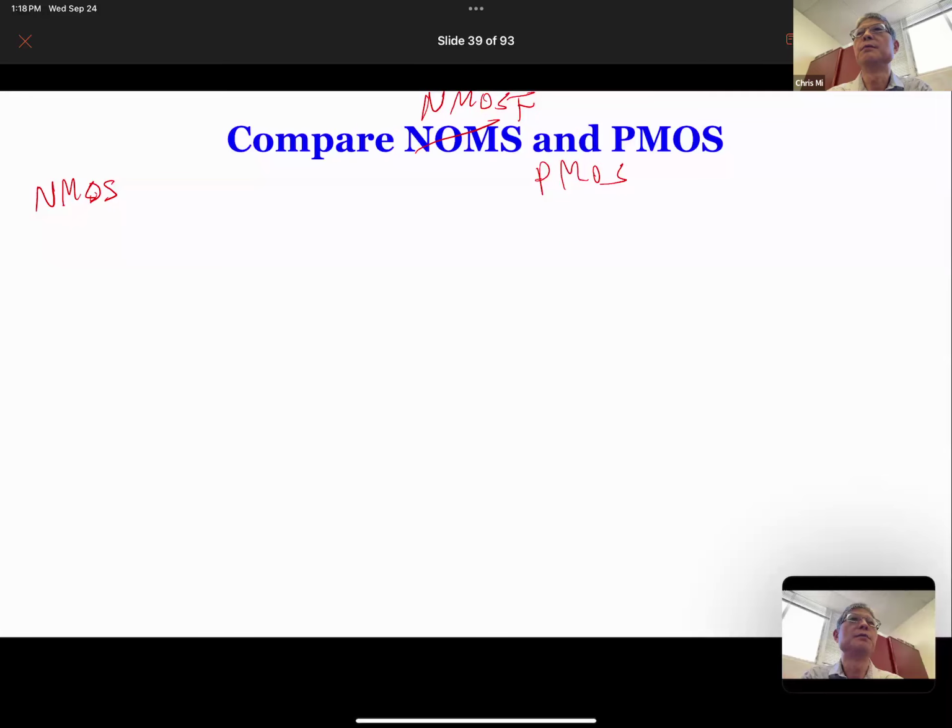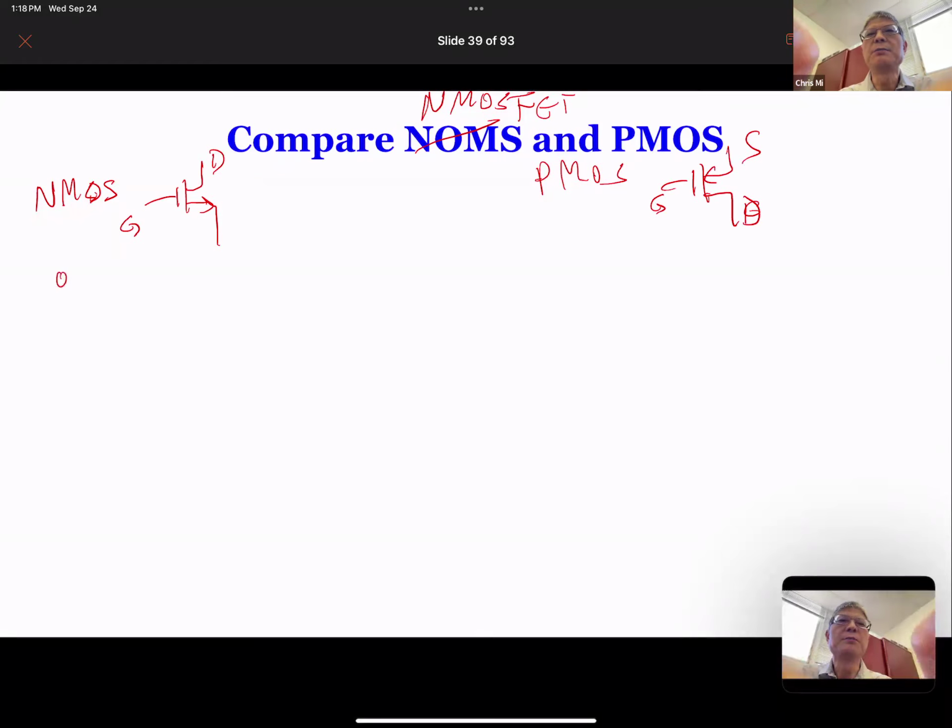The symbol for the NMOS MOSFET is going to be G, D, and S. The symbol for PMOS is going to be S, D, and G.